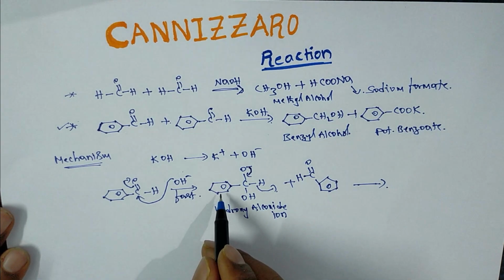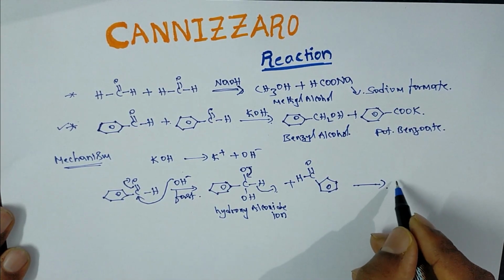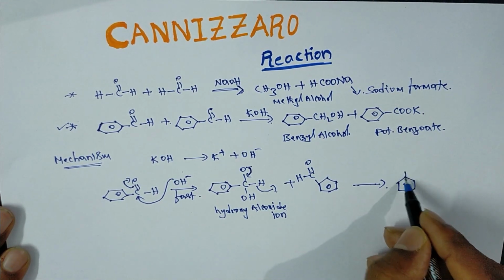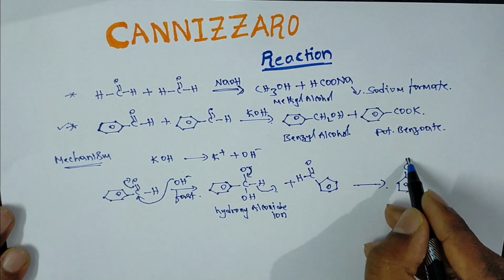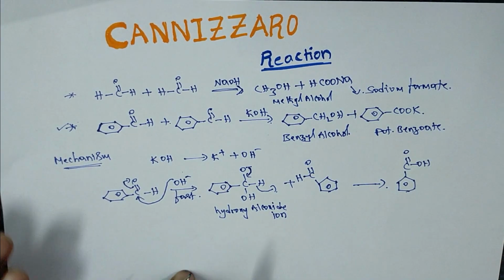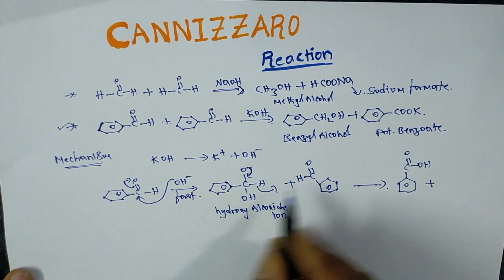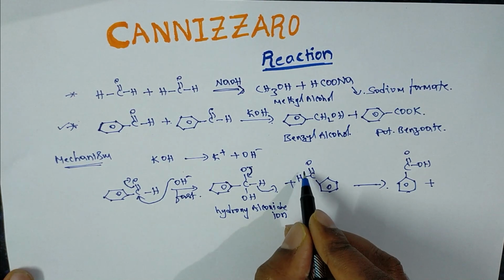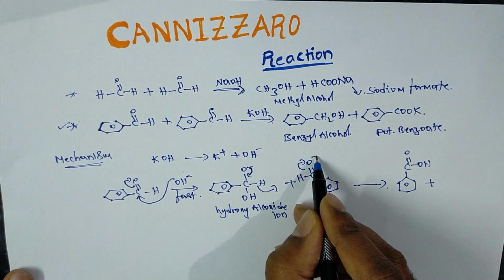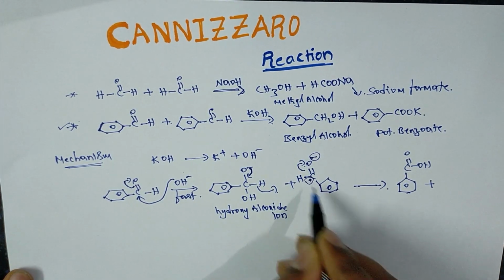So we get C6H5COOH, plus the bond migrates towards oxygen, so oxygen gets a negative charge and carbon gets a positive charge.